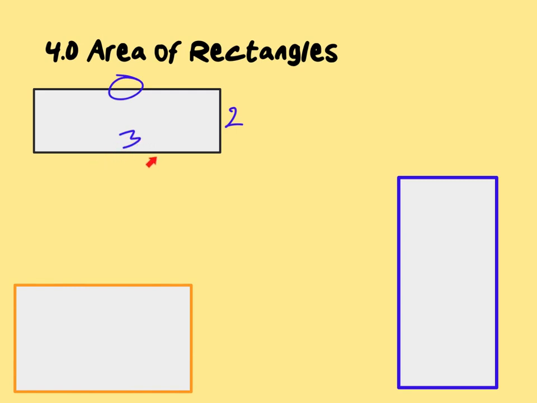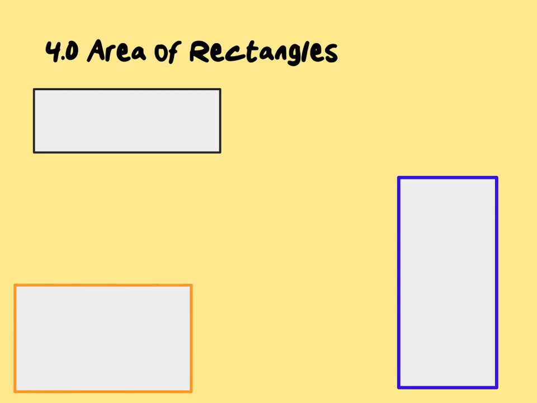Because this is 3, this is also 3. And because this is 2, this is also 2. So that's something that you should know going into this lesson, that if you have a rectangle, there's 4 sides and the 2 opposite sides are going to be equal to one another.